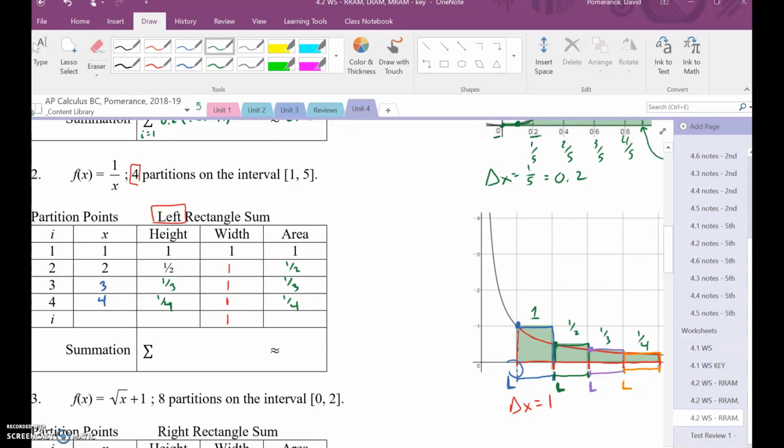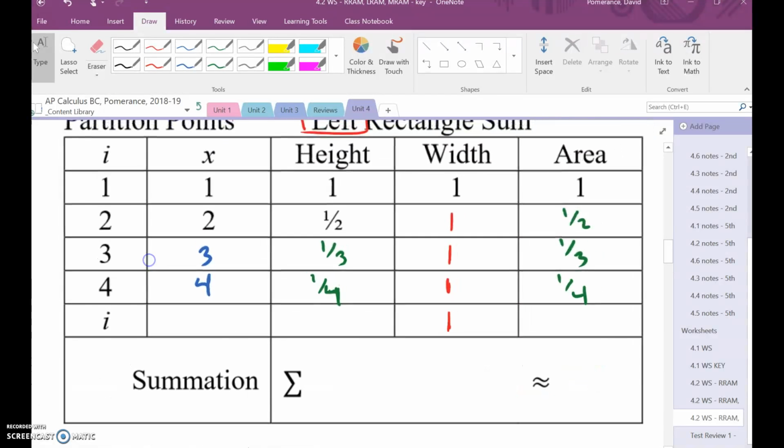All right. So, to find your generic ith row, not the first or the second or the third or the fourth, but any old row, we've got to figure out a pattern. You might notice that if i equals 1, then x equals 1. And if i equals 2, then x equals 2. Oh, well, that's easy. If i equals 3, x equals 3, i equals 4, x equals 4. So if i equals i, then x equals x.